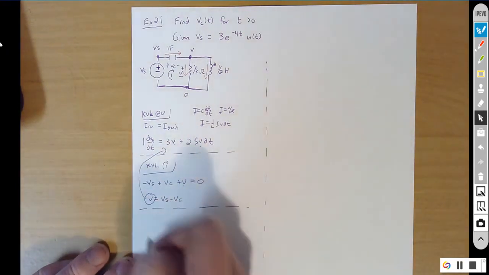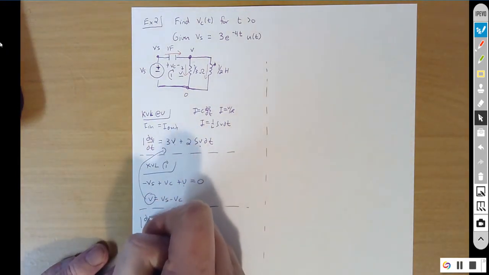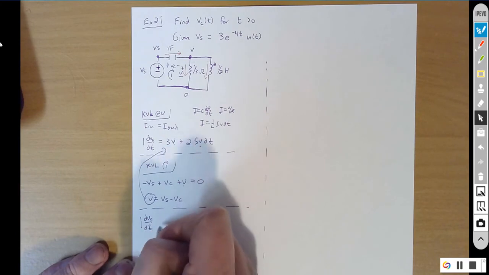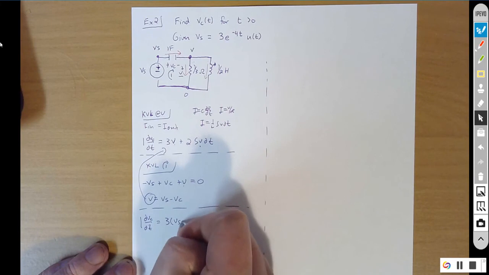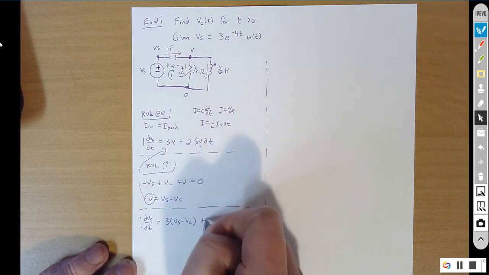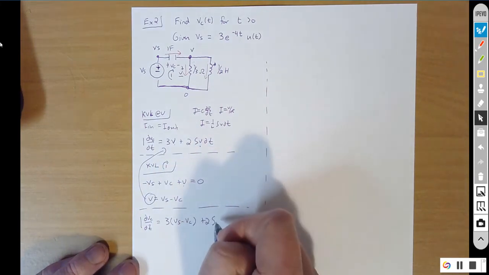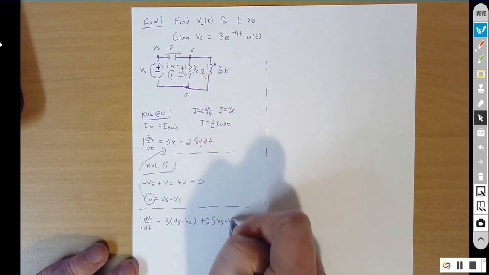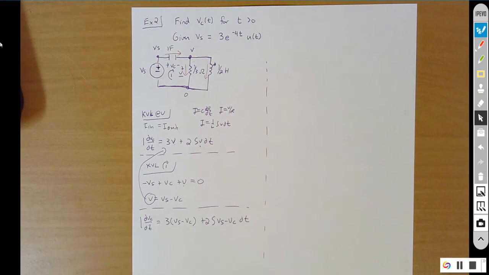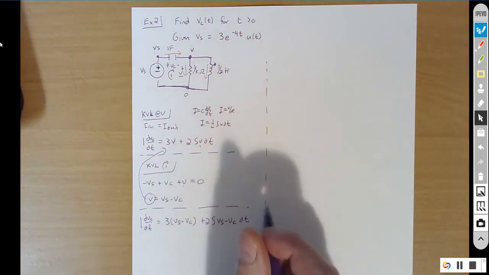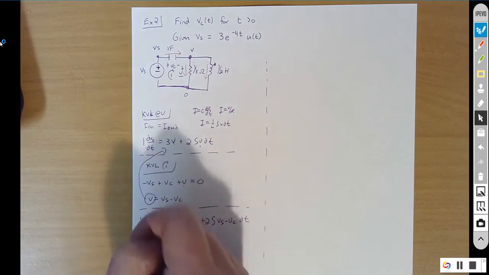When we do that, we'll get 1 dVc dt equal to 3 quantity Vs minus Vc plus 2 integral of Vs minus Vc dt. Now everything is in terms of Vc. Vs is just a number or a function that I know, so that's not a big deal. Now I want to clean this up, so I need to get rid of this integral. We're going to take the derivative of both sides.